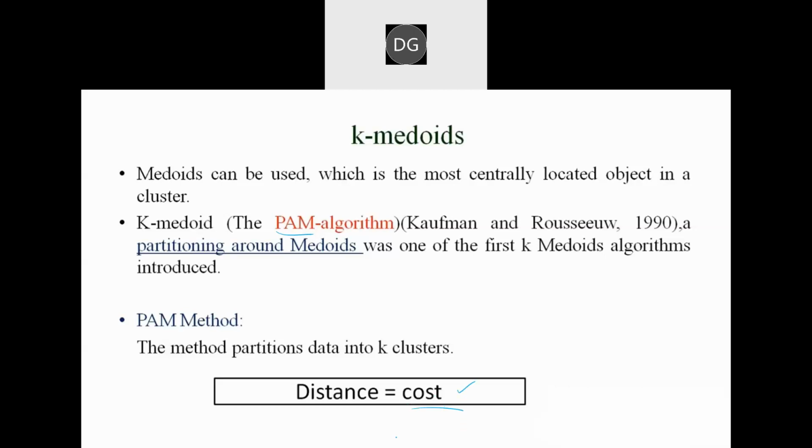For example, if I want to travel from one place to another place, we will say the petrol cost, like that. Similarly, here the distance is represented as cost. So we will try to go for the minimum cost. Whichever point or centroid is at minimum distance to the data point, that point we will take as the closest point, or the centroid. So let us see.